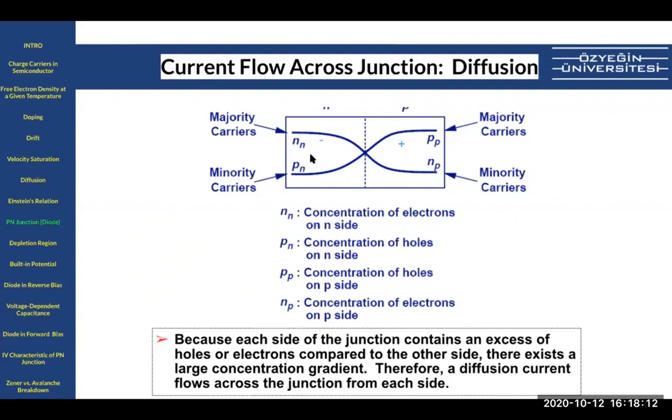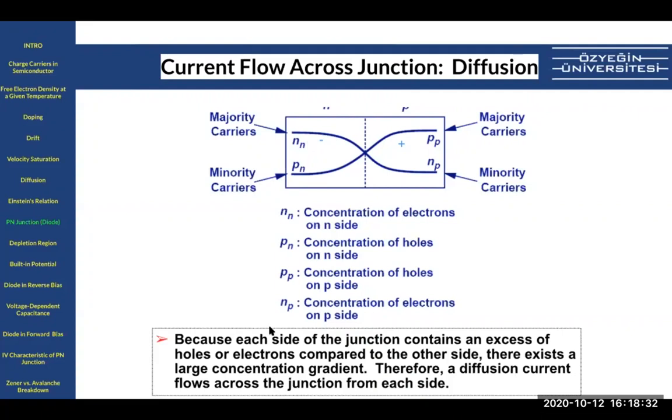When there are electrons in the n side, there will be much less holes. And we already learned how to find the numbers of these. Their multiplication equals the intrinsic free electron concentration squared at that specific temperature.